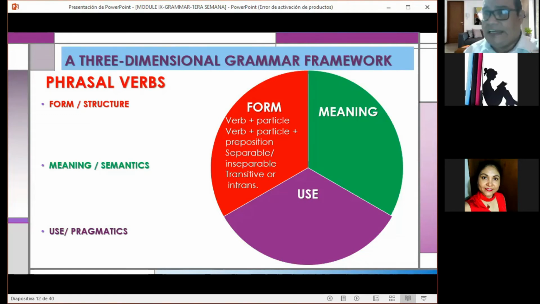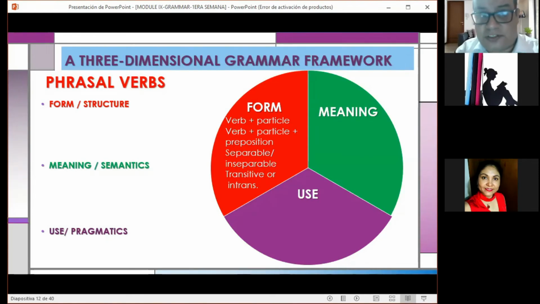For example, get up. This is a very famous phrasal verb. Get up. Get is the verb, and up is the particle. It's not a preposition. But teacher, up doesn't mean that you have to move over, above. Yeah, but here, up is not a preposition. Up is a particle.